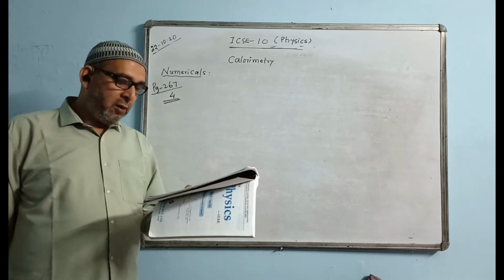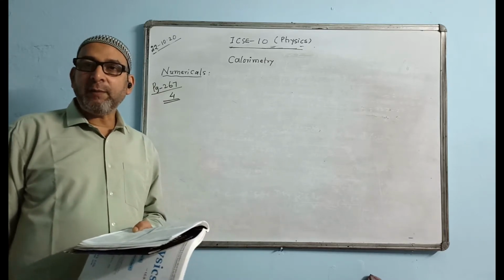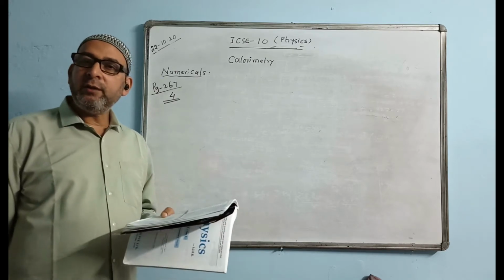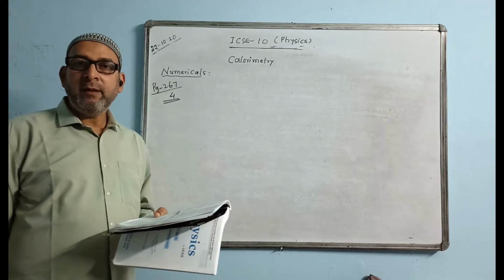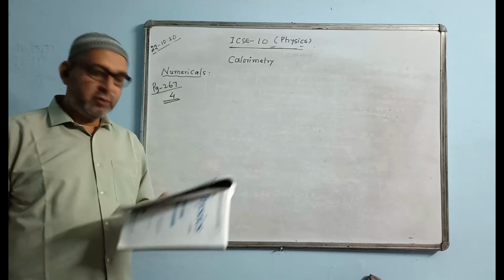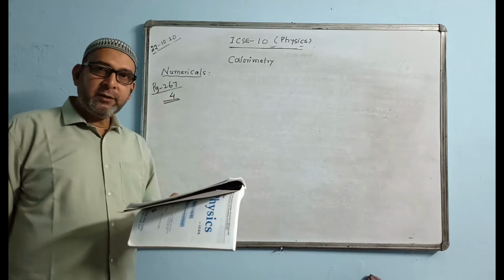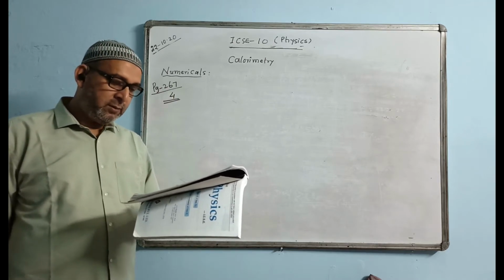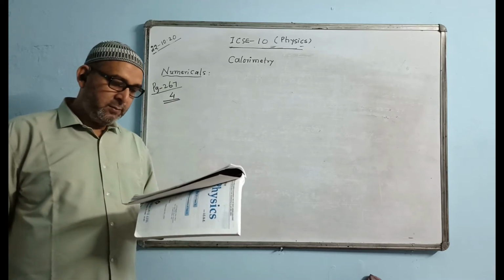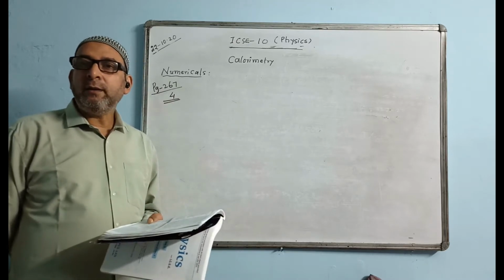The SHC of water, that is the specific heat capacity, is 4200 joule per kg per Kelvin. 4200 joule per kg means kg to the power minus 1, K to the power minus 1. So calculate number 1, the amount of heat energy given to water.